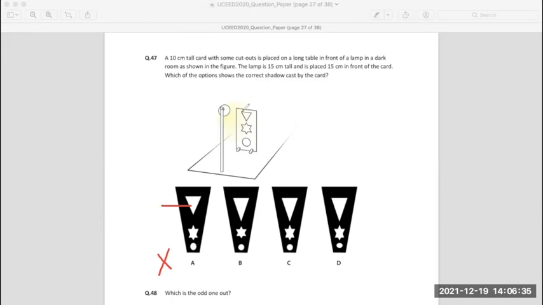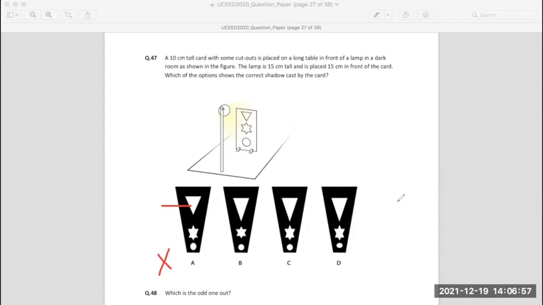Because it's a point light source, the shadow will be longer, and that's why I say it's wrong. Any other reason? The spacing between the two. That's correct. Good. Any other option which can be clearly eliminated?